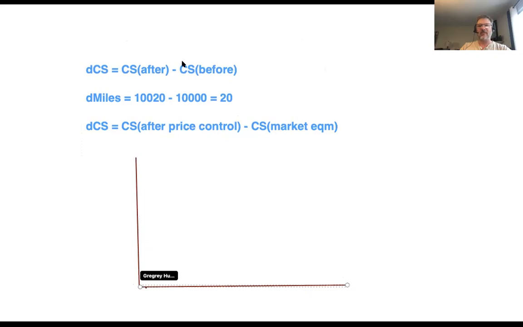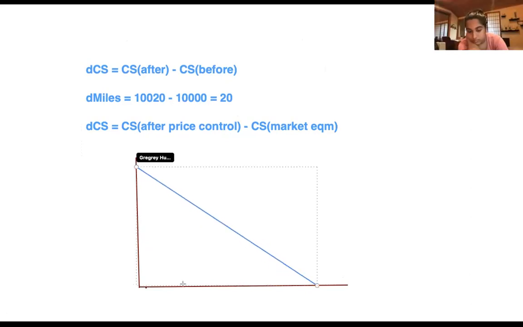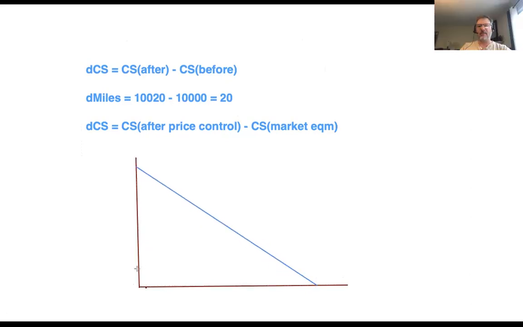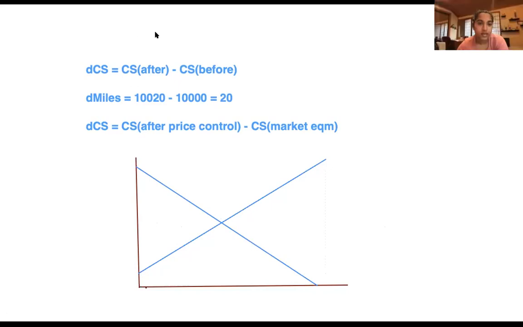We've got some demand, and we've got some supply, right? And so the consumer surplus before is going to be this whole upper triangle. I can just put the P star, the equilibrium price, and you can see the Q star.